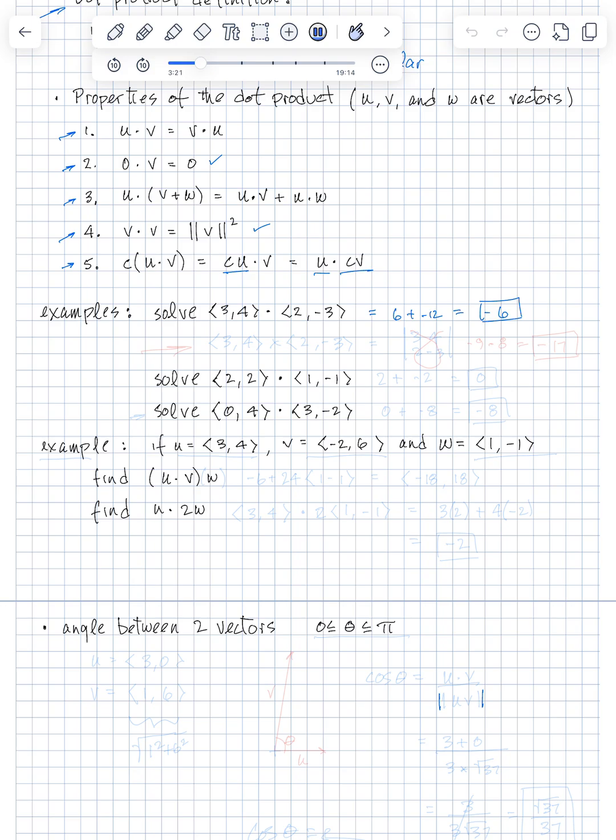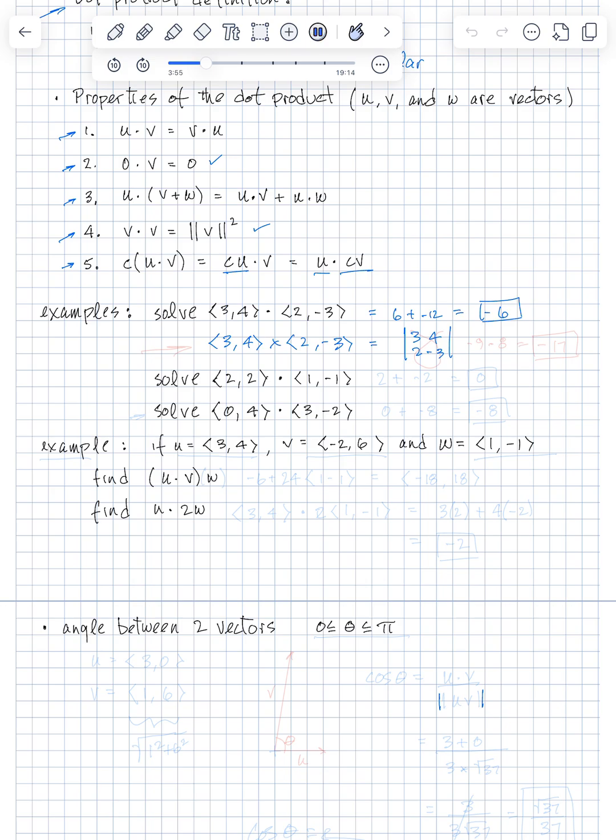Now, if we wanted to cross that, because we can, 3, 4 cross product with 2, negative 3, what we get is a determinant and a matrix. It's a matrix solved by determinants, so you write it in matrix form, 3, 4, then 2, negative 3.